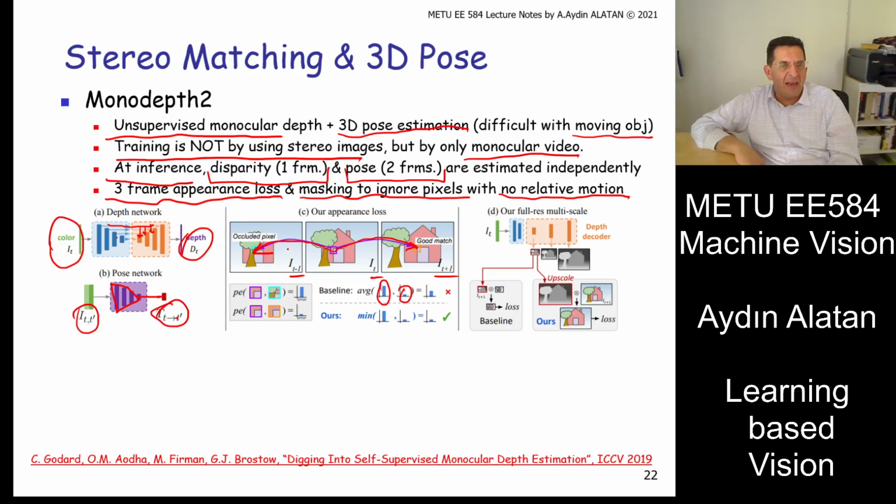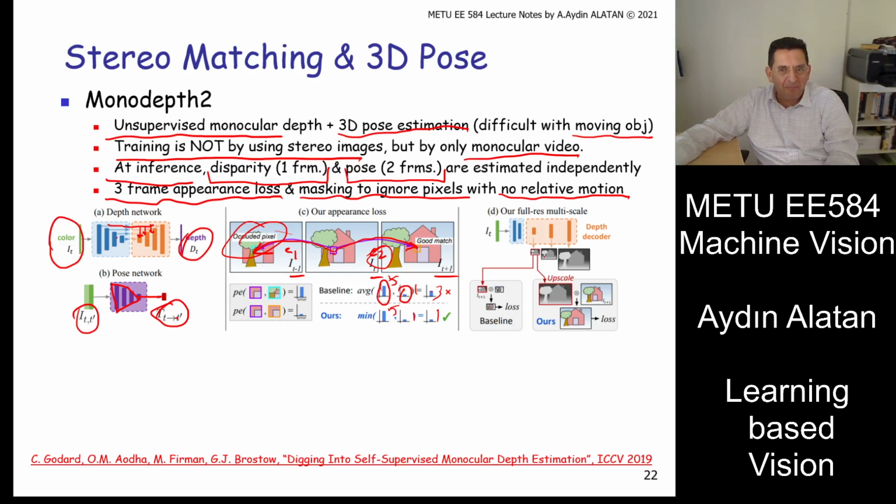In other words, this error E1 and this error E2, there is a high error, there is a low error, and you are trying to average them for this pixel, like 5 plus 1 is 3 kind of. But rather than 5 and 1, you choose the minimum one, saying that, hey, I don't believe this, there should be an occluded pixel. I'm looking at the minimum one. If there is a minimum one, that should be an occlusion in the other frame. I shouldn't use that occluded pixel. Okay? Therefore, that's how we basically improve our appearance loss.